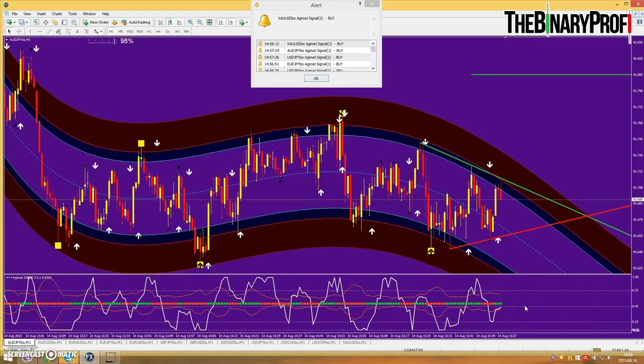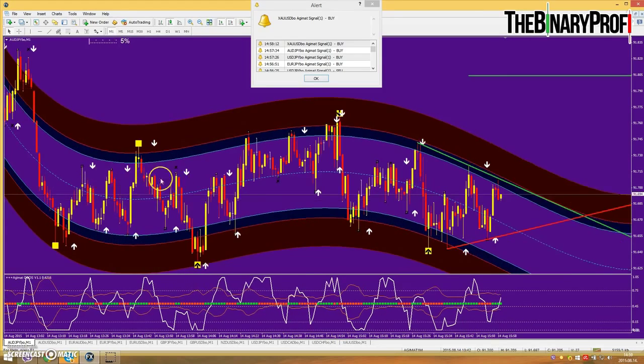You can see here a channel, a downtrend channel. You see as well resistance and support lines. But the most important thing are as well the candles going up, going down and up and down.